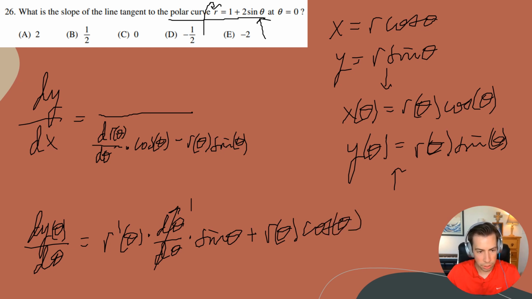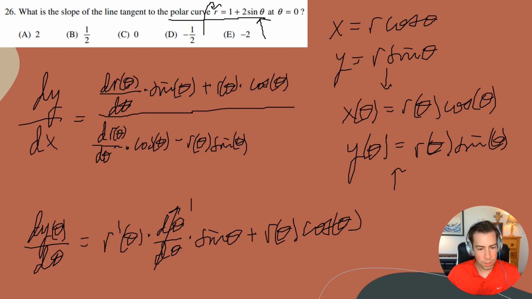So I have dr/d theta multiplied by sine of theta plus r of theta times cosine of theta, lots of thetas.